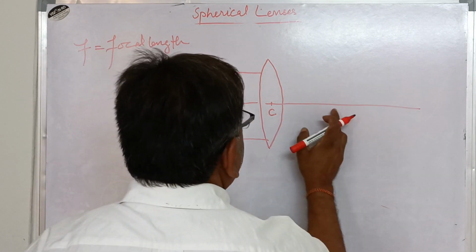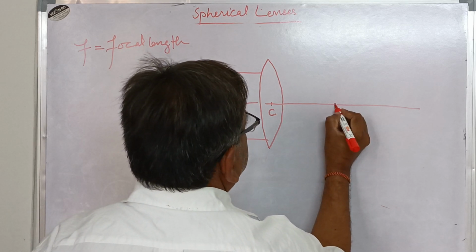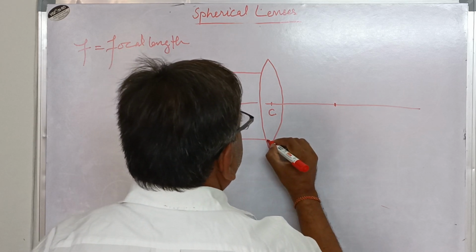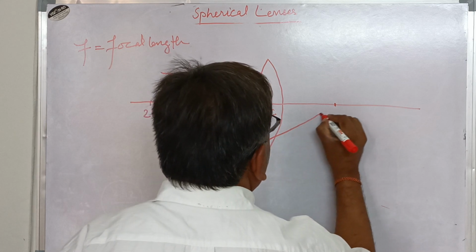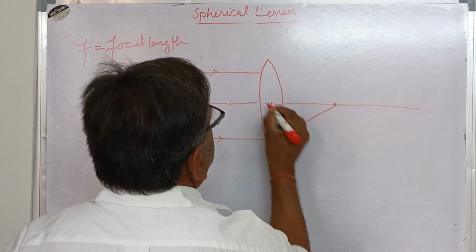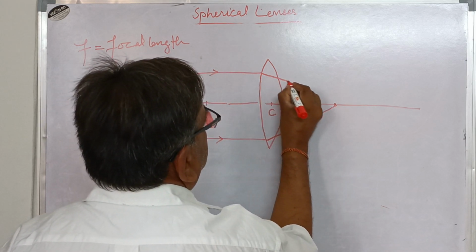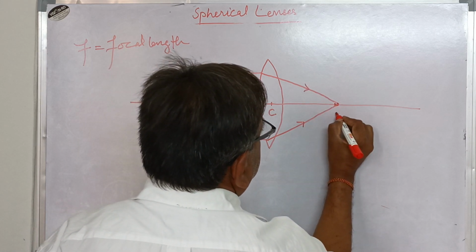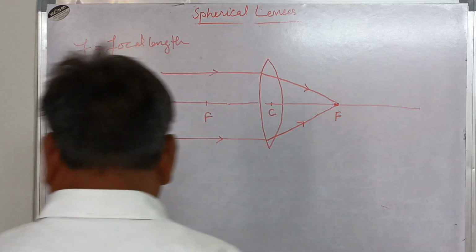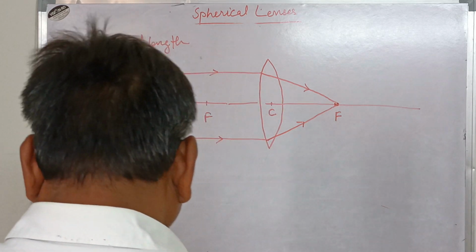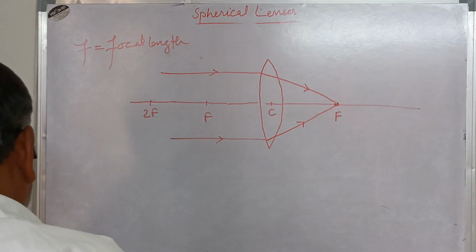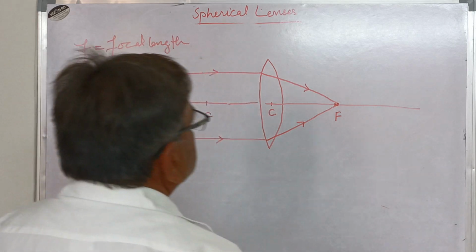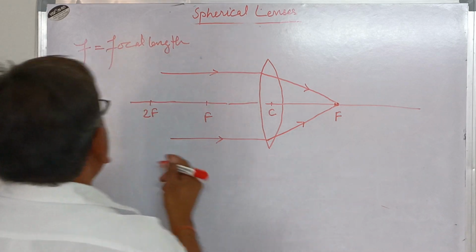So there is also a focus on this side. The rays will converge and meet at focus. After refraction, when passing through the glass, they will meet here. This is called focus. So this is rule 1.